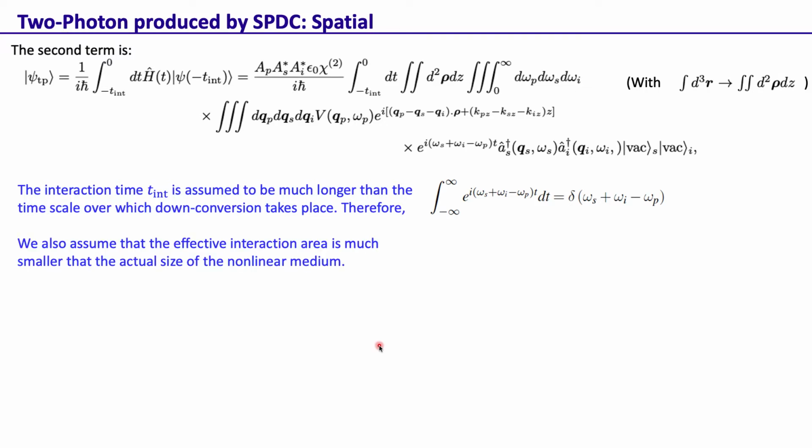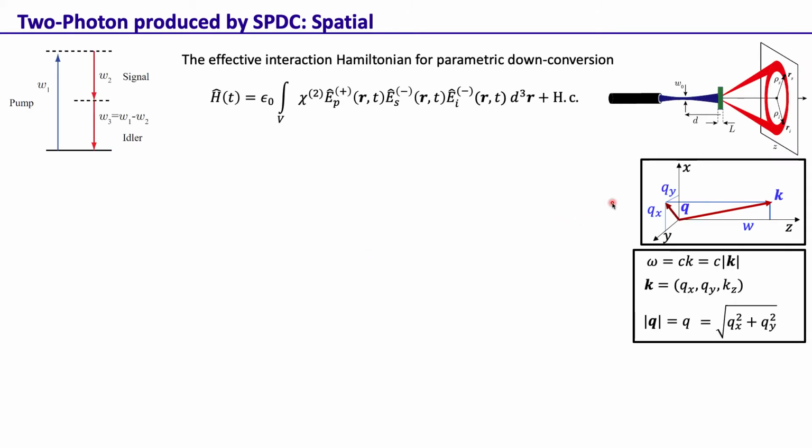Similarly, we also assume that the effective interaction area is much smaller than the actual size of the nonlinear medium. For this we can just go back to this figure. This assumption essentially means that the size of the laser beam that is falling onto this crystal and doing the interaction is much smaller than the transverse size of the nonlinear medium.